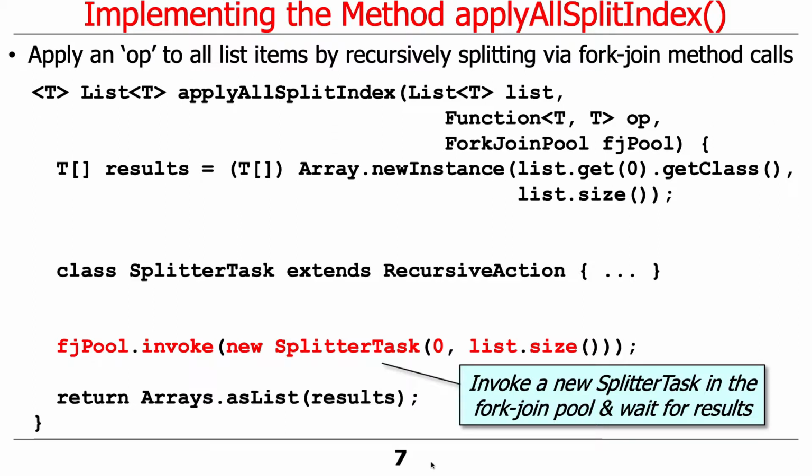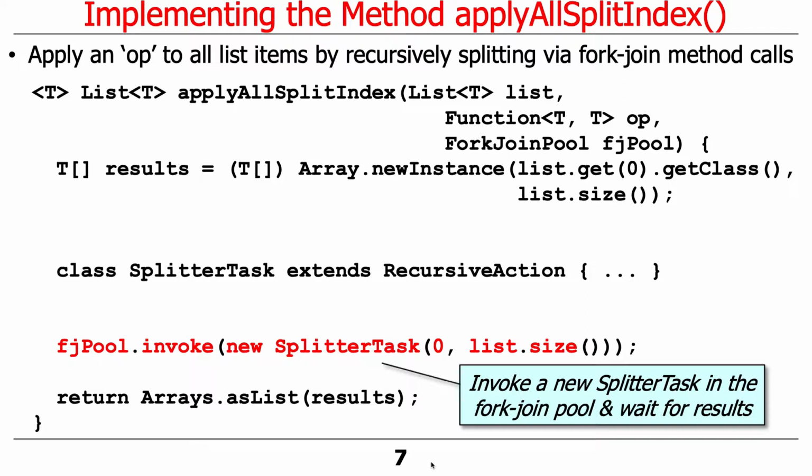So then what we're going to do is invoke the new splitter task in the fork join pool, except this splitter task is now going to start at the 0th location and go to the end of the list. So what we're doing is passing in indices.